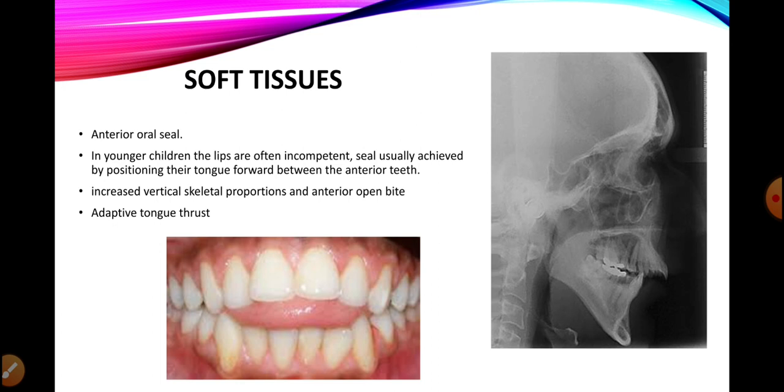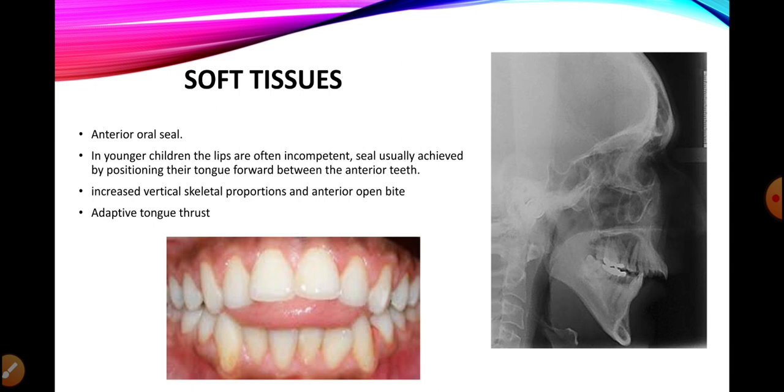So what happens in cases with increased vertical skeletal patterns, as we talked about earlier, is that usually in cases of anterior open bite, the skeletal pattern is increased. There's increased interocclusal distance. The maxilla and mandible are lying far apart from each other, so usually in these cases there is increased interocclusal distance and incompetent lips.